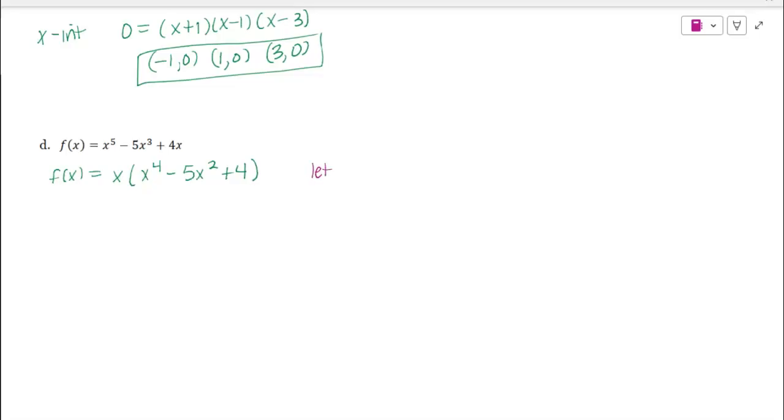So let's let u equal x squared, so that u squared is equal to x to the 4th. So this is like u squared minus 5u plus 4. And this factors into u minus 4 and u minus 1.